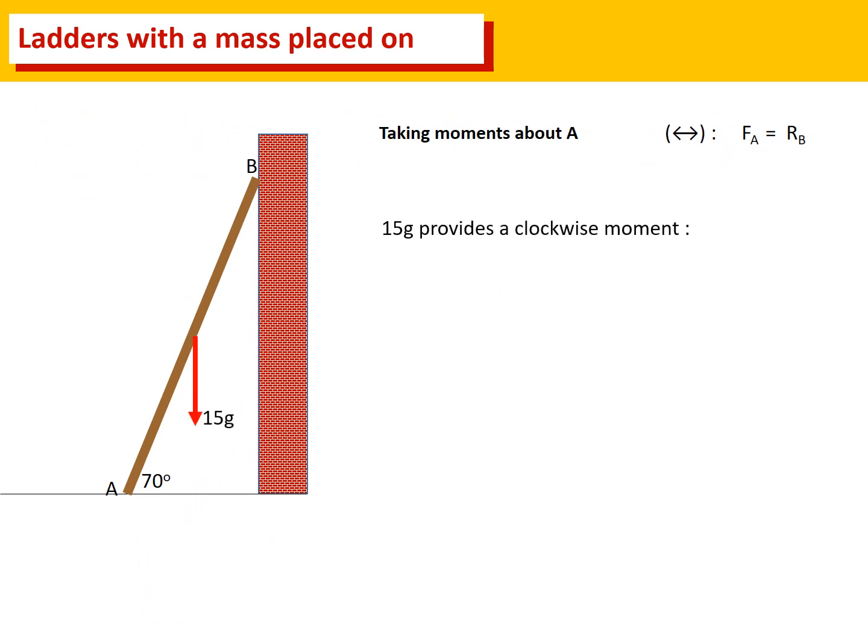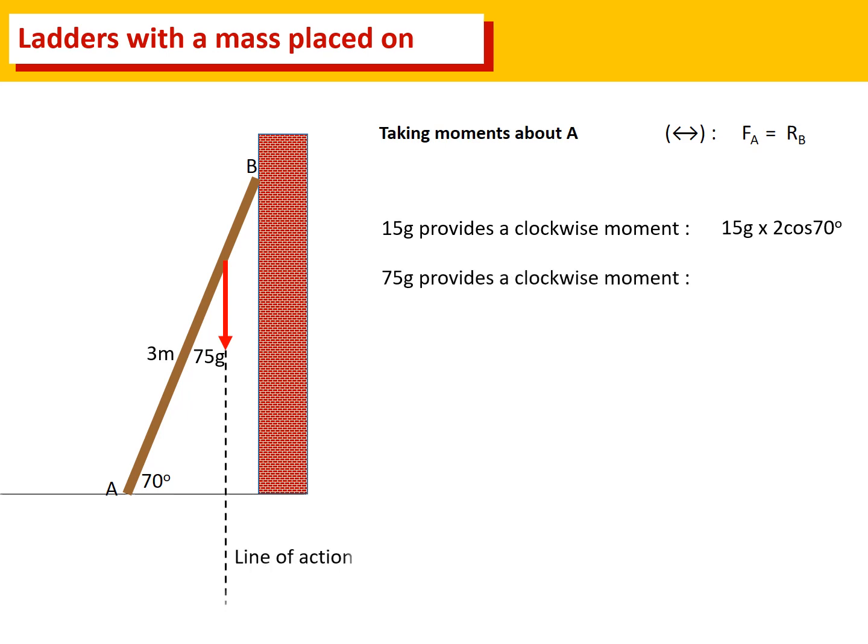So, once again, the line of action and the perpendicular distance is 2 cos 70, so that moment is 15g times 2 cos 70. For the 75g force, that's the line of action, that's the perpendicular distance, and that's 3 cos 70, so that's 75g times 3 cos 70.